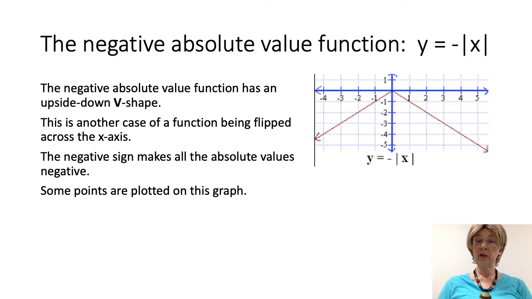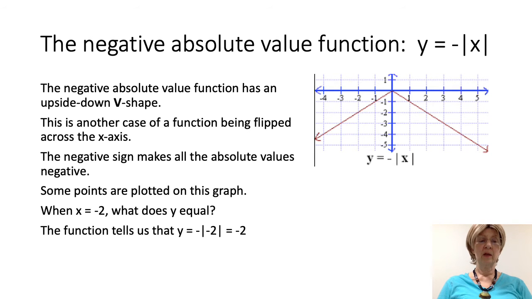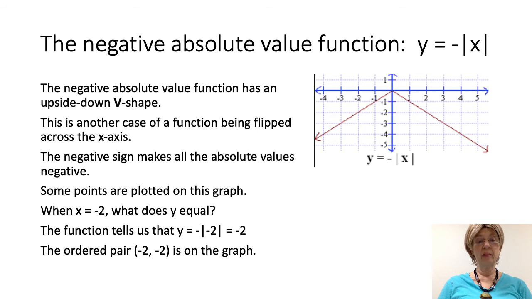Some points are plotted on this graph. When x equals -2, what does y equal? The function tells us that y equals the negative absolute value of -2, which is -2. The ordered pair -2, -2 is on the graph.